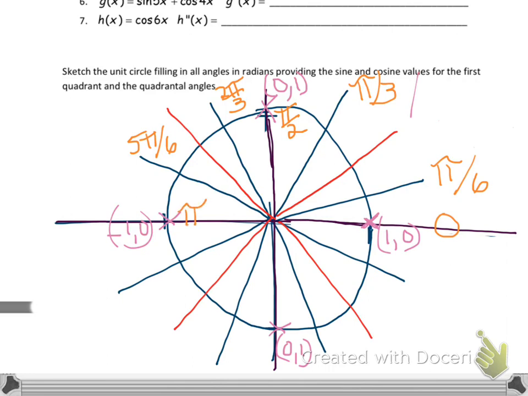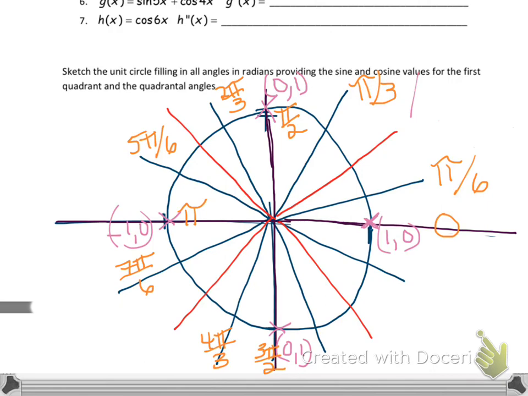So this is pi. And then I have 7 pi over 6, skip, 8 pi over 6, which reduces to 4 pi over 3. 9 pi over 6, which reduces to 3 pi over 2, so that was 9.